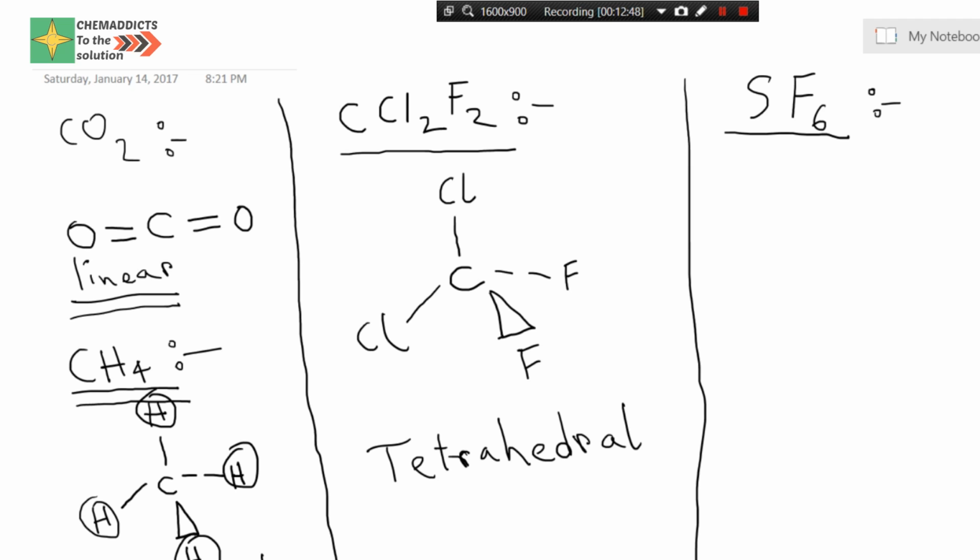In the middle we're going to have sulfur, since we have only one sulfur atom, and in its diagonal we're going to have fluorine. F. Here we're going to have fluorine.